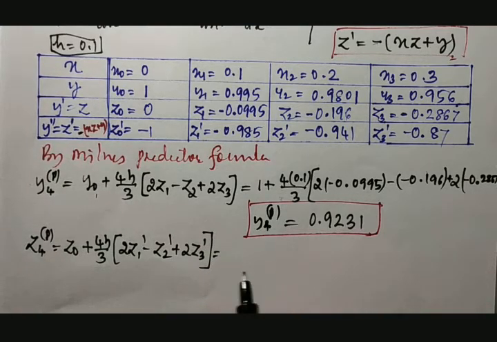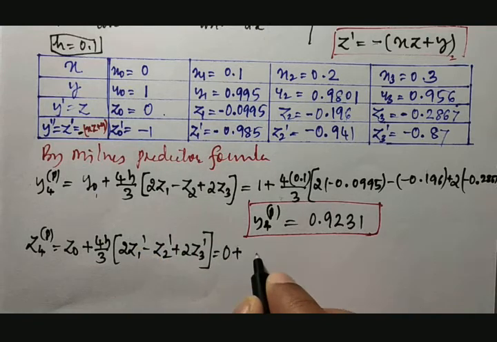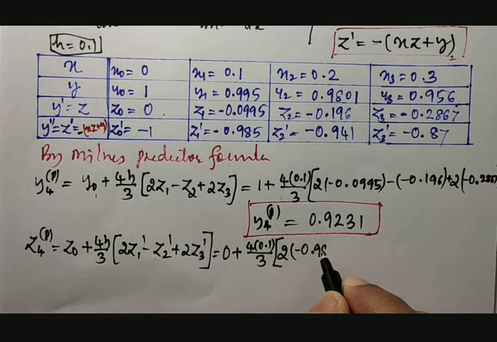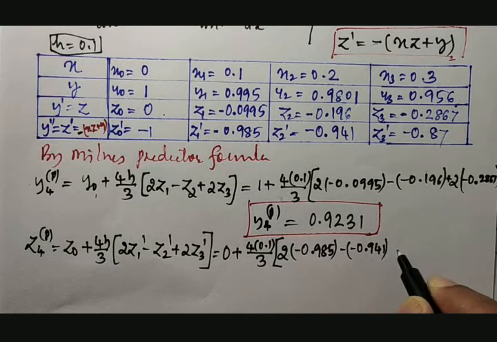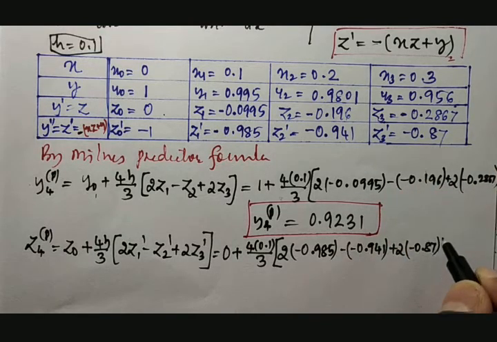Therefore, substitute the values: z0 is 0 plus 4 into 0.1 divided by 3, that into 2 times z1 dash, which is minus 0.985, minus z2 dash, that is minus 0.941, plus 2 times z3 dash, z3 dash is minus 0.87.